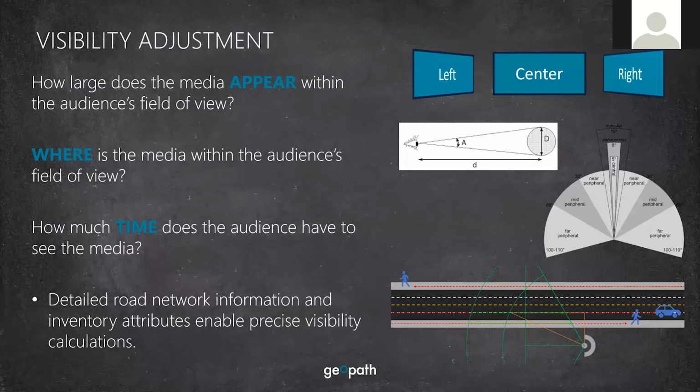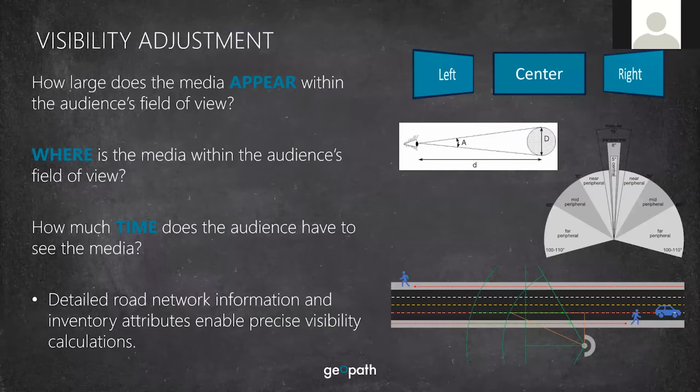information. But I wanted to address today, basically there are 3 core components that are powering the visibility model, and this hopefully makes sense to everyone. The first is how large does that media appear within the audience's field of view? We're looking at often rectangular shapes of varying sizes and varying distances to the audience.